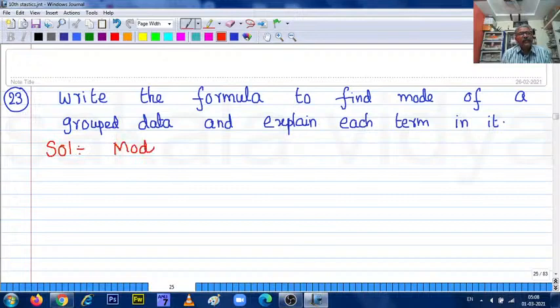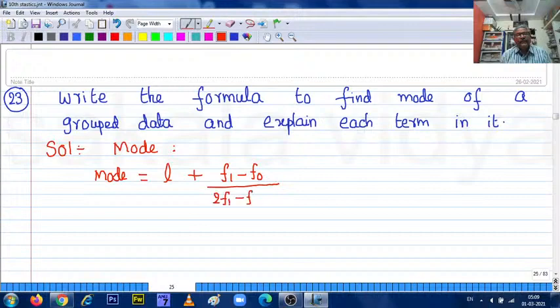The mode is given by mode equals L plus (f1 minus f0) upon (2 times f1 minus f0 minus f2), multiplied by h.